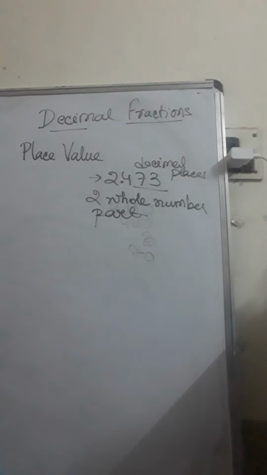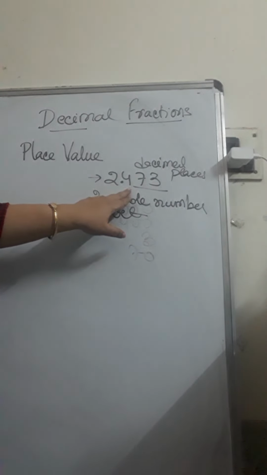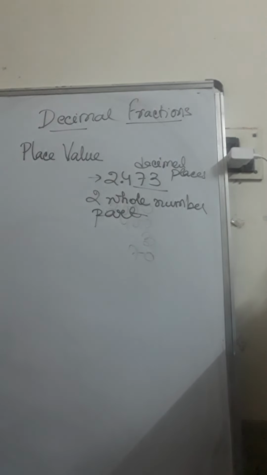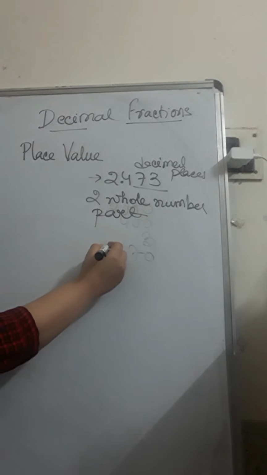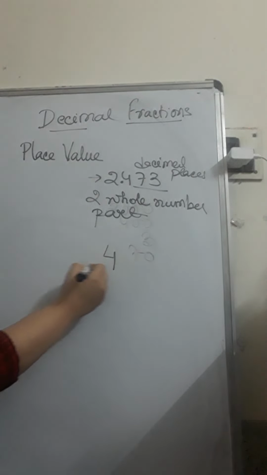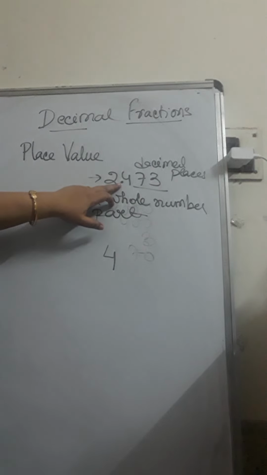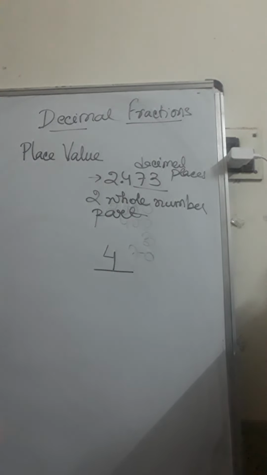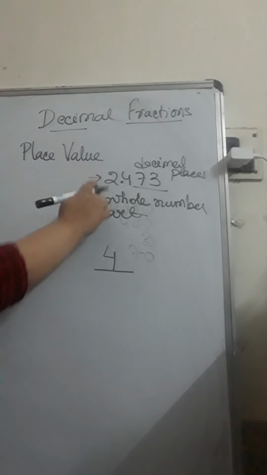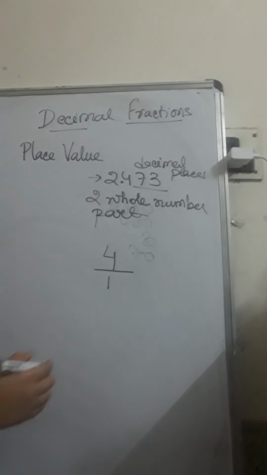And how do we find the place value of the digits which are after the point? What is the place value of 4? You have to write it like this: 4, and for the point you will write 1. You will change the decimal into a fraction. I have already taught you how to change a decimal number into a fractional number.